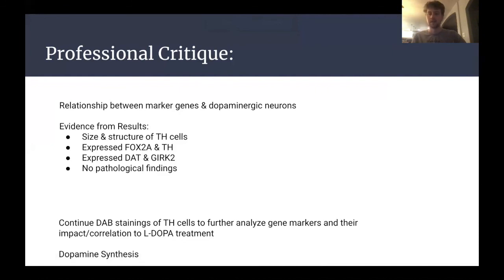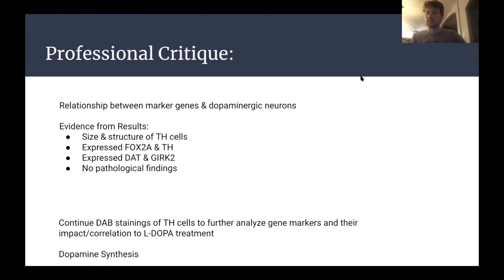And so the evidence that brought us to this conclusion were from our results, and that the size and structure of TH cells similar to host dopaminergic neurons, and that those dopaminergic neurons are essential for the regulation of brain functions such as motor behaviors, and TH cells show similarities to the dopaminergic neurons in that sense.